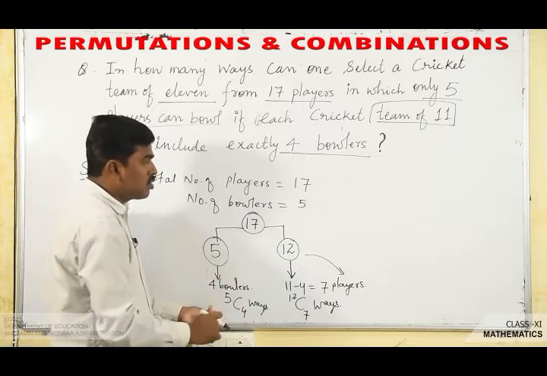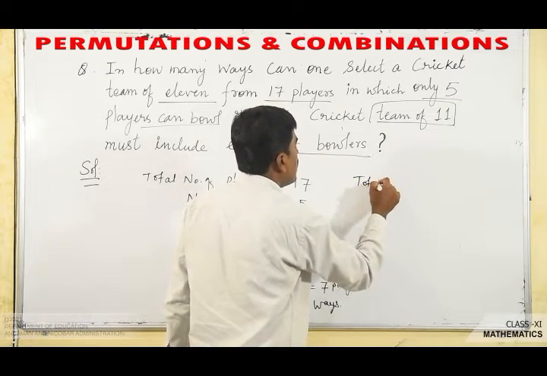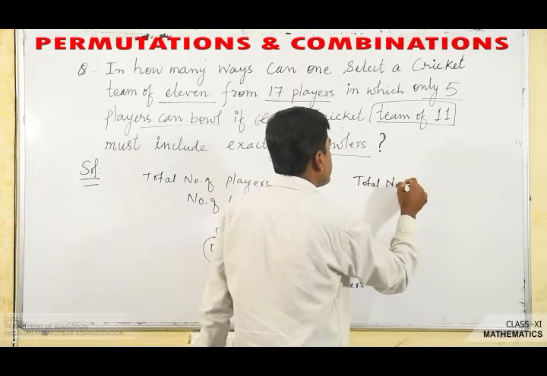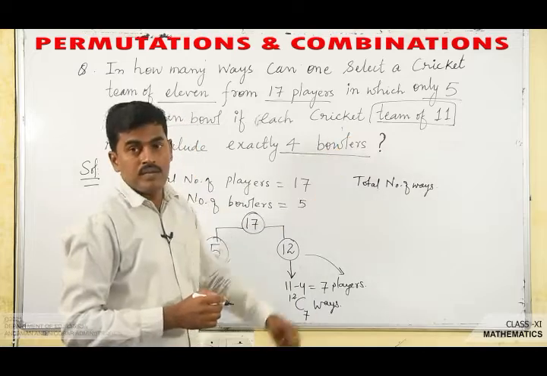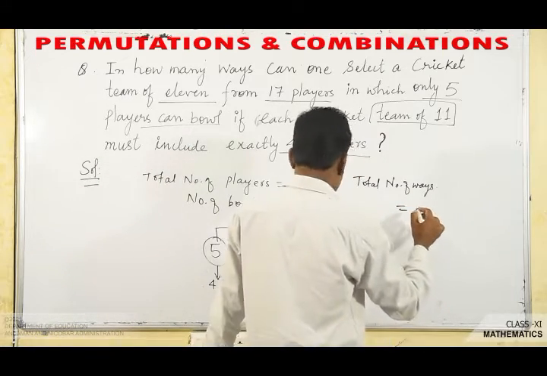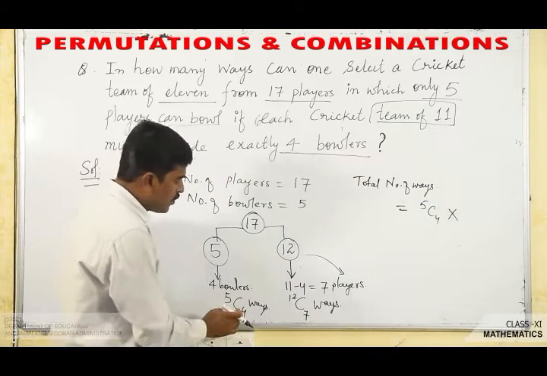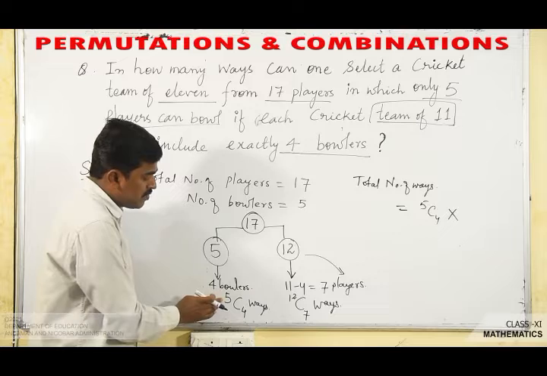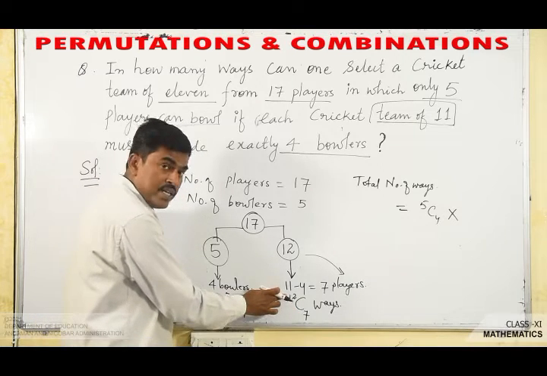So the total number of ways, or the total number of teams of 11 players, is equal to 5C4 into 12C7. That means 4 bowlers have to be selected from these 5 bowlers and the remaining 7 players have to be selected from the remaining 12 players.